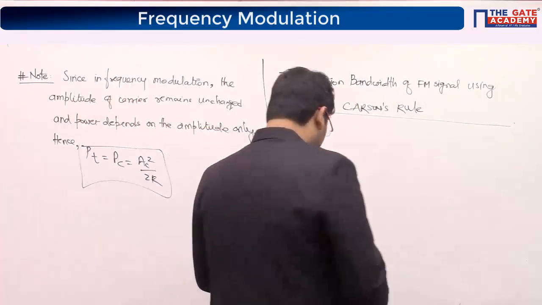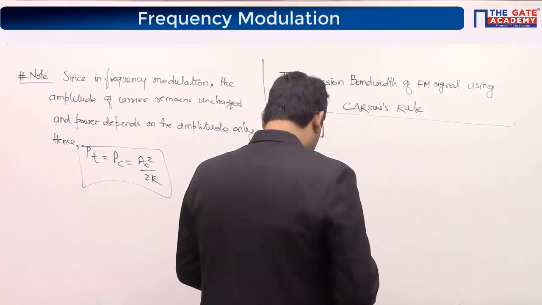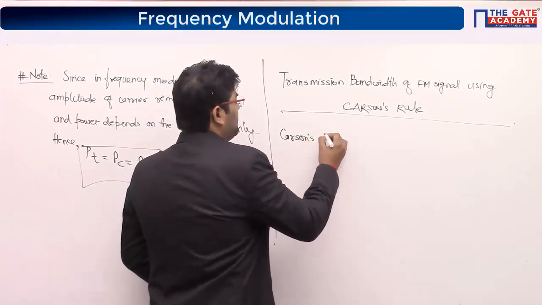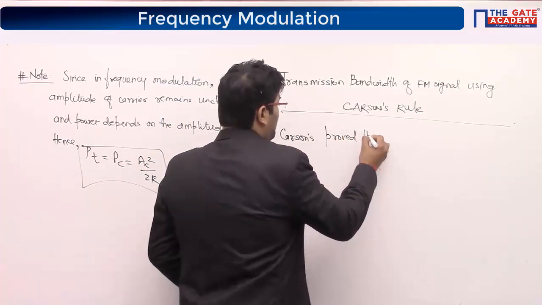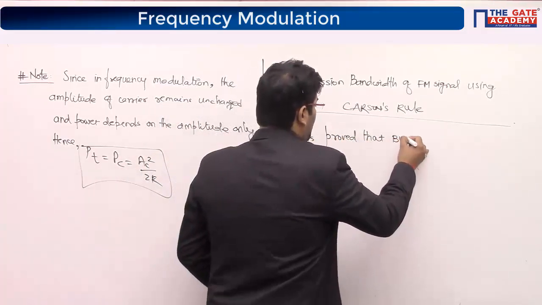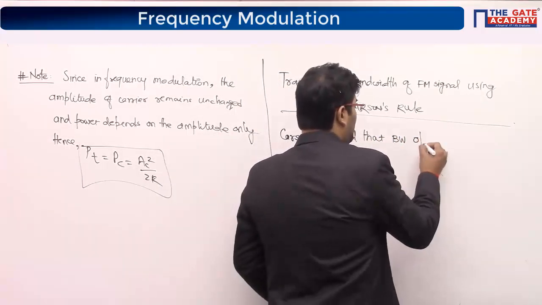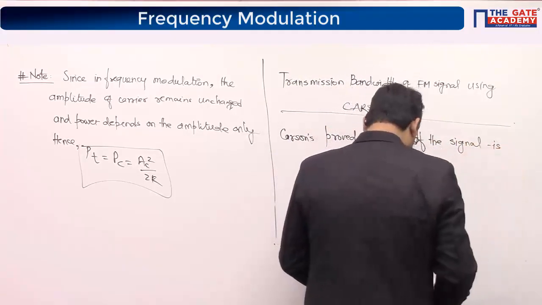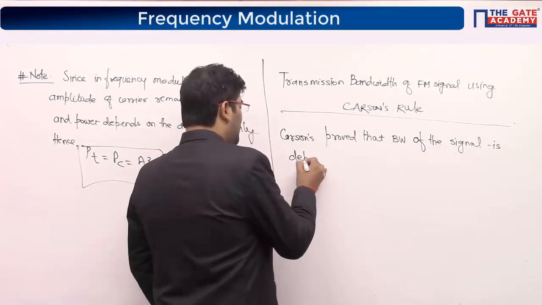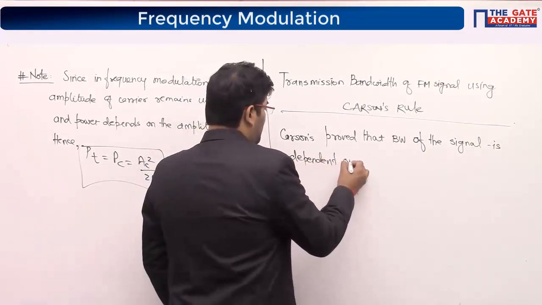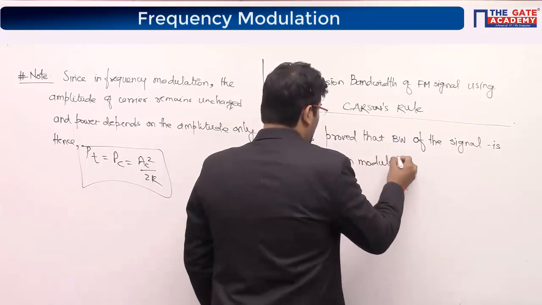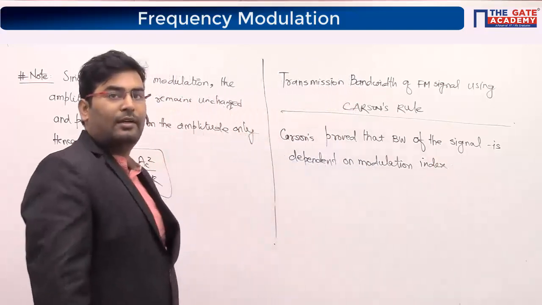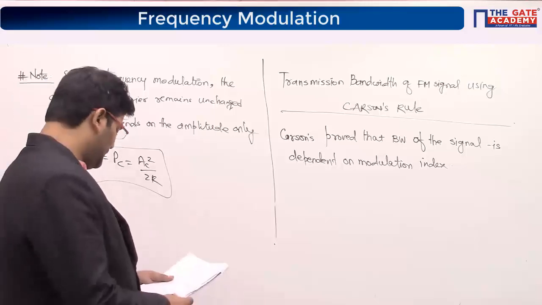Yeah, that's correct, Harsha. So what Carson did, he proved that the bandwidth of the signal is dependent on modulation index, beta.